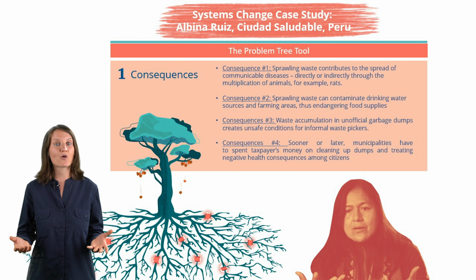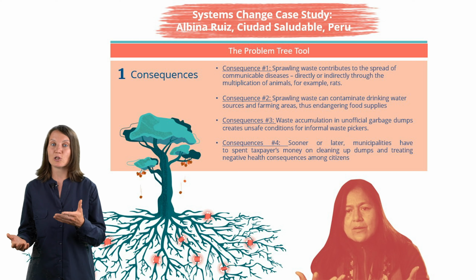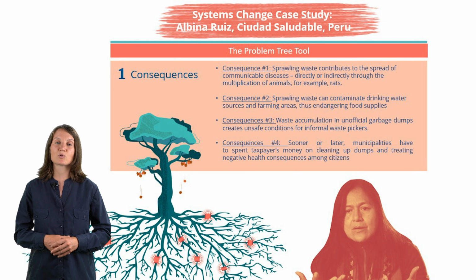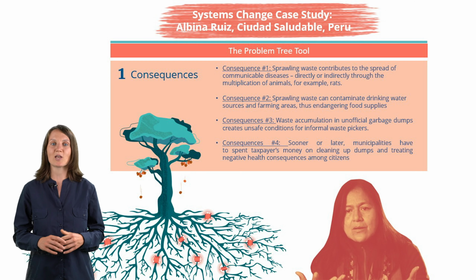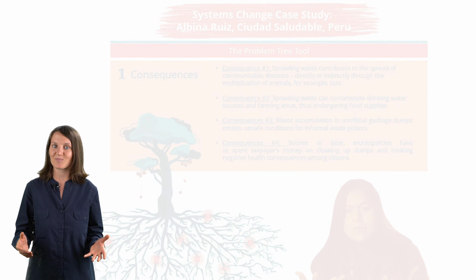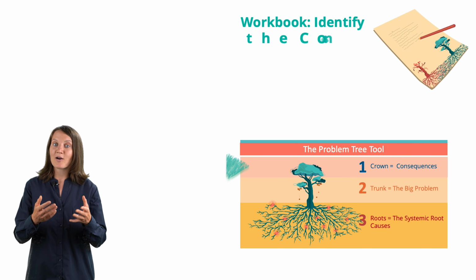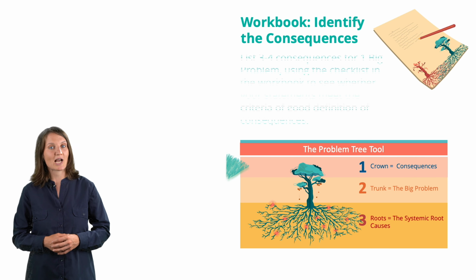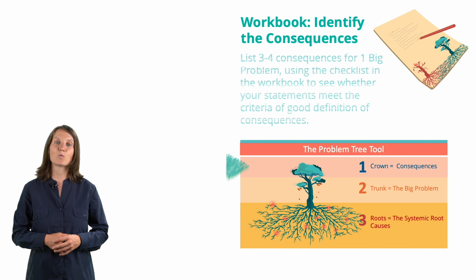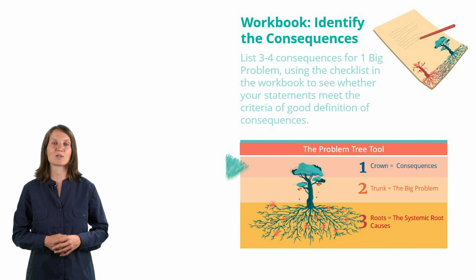We will later learn that in 2009 alone, waste pickers were able to collect 50 times the volume of Peru's soccer stadium in terms of recyclable waste. You can now fill out the template and use the checklist in the course workbook to see whether your statements meet the criteria of good definition of consequences.